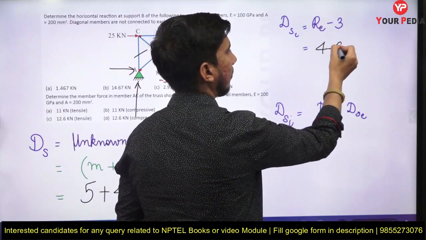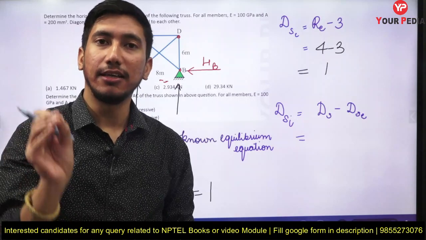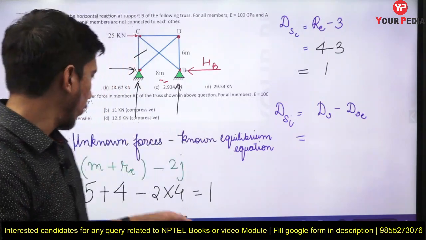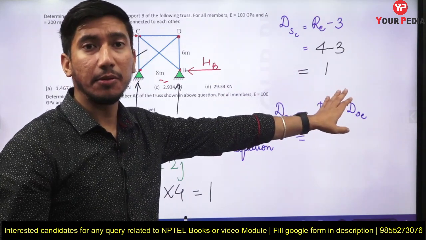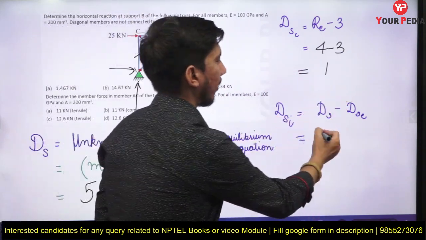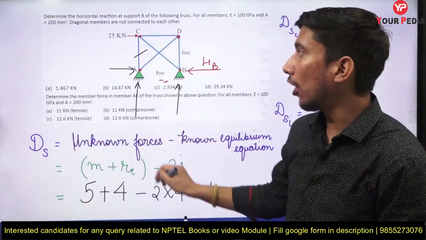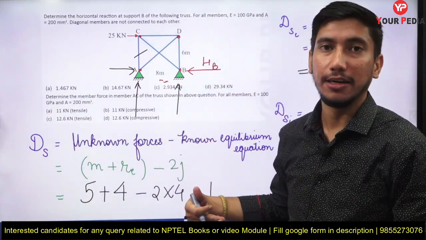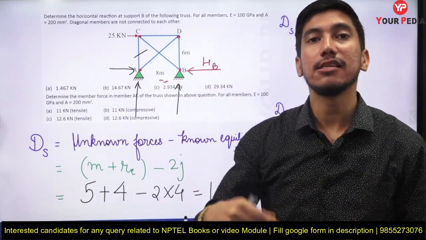So 4 minus 3, we have 1. So it is externally statically indeterminate to 1 degree. So total statical indeterminacy is 1 also, external statical indeterminacy is 1 also. So internal statical indeterminacy is 1 minus 1 is equal to 0. So this truss is not internally statically indeterminate, it is externally statically indeterminate, means it has an extra reaction.